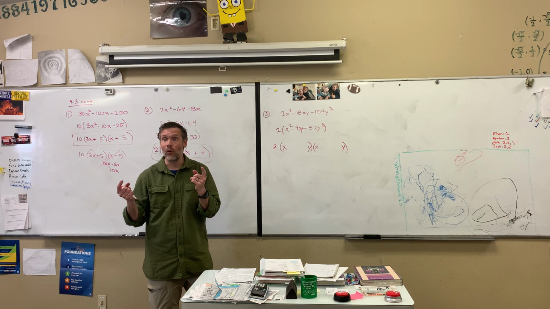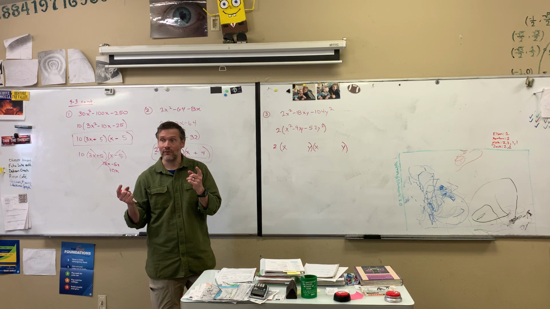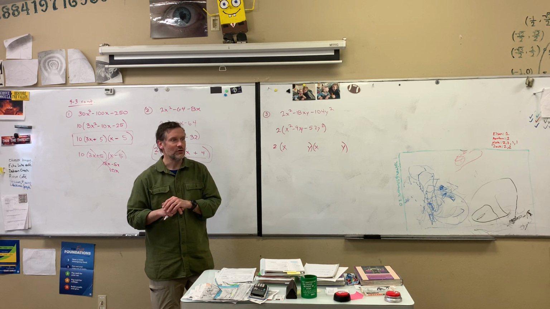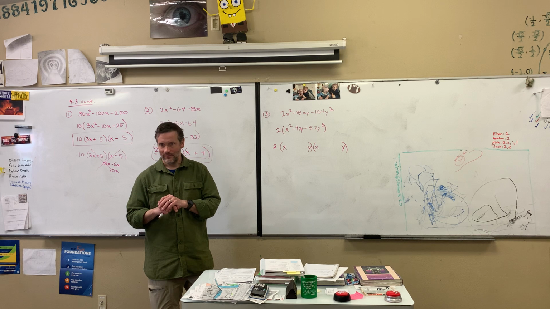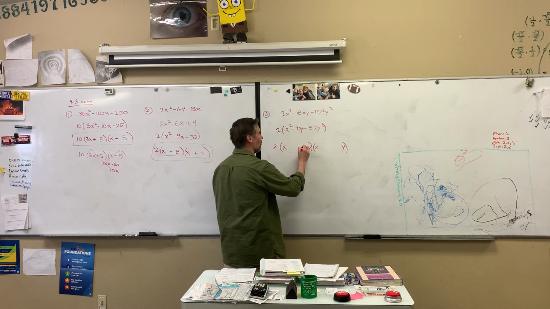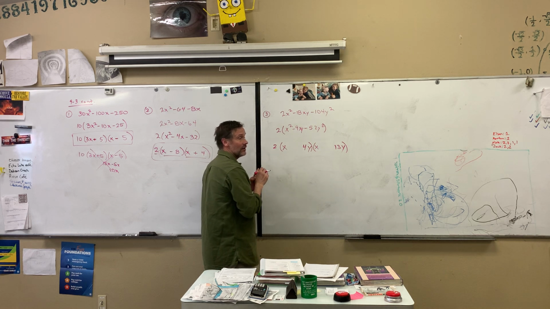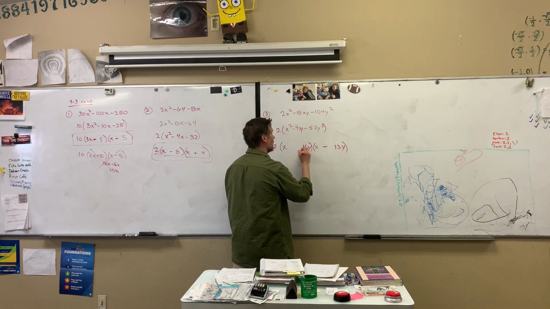Like 52 and 1. Does that give us 52? Yes, but does it add together to give you 9? No. 2 and 26 gives you 52, but does it give you 9? No. So now we're down to 4 and 13. So 4y, 13y. Which one's negative, which one's positive? 13 is negative.